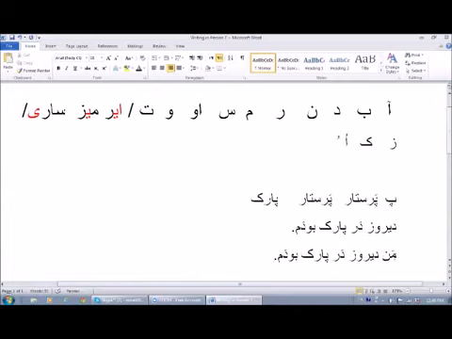So that makes the man redundant. So man, which means I, first person singular, can be deleted optionally because there is an am here, a marker to show that the subject is first person singular. So من دیروز در پارک بودم, I was in the park yesterday. You can say دیروز در پارک بودم. I was in the park yesterday.